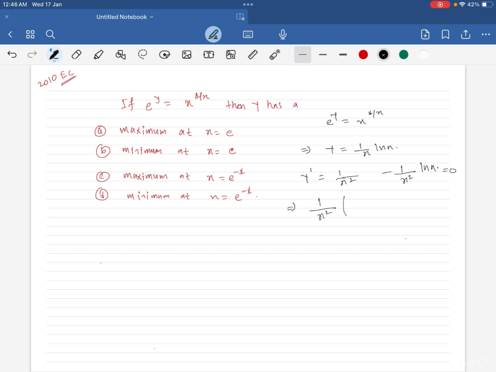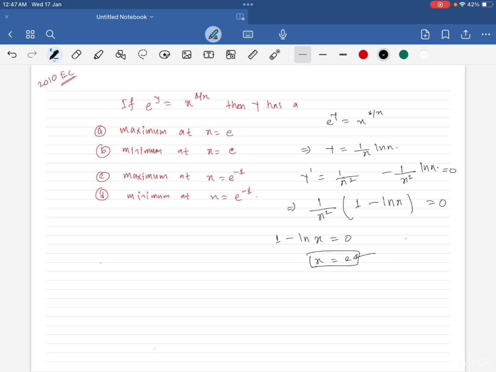So 1 by x square into 1 minus ln x is equal to 0. So from here what we can say is that 1 minus ln x is equal to 0. So x is equal to e, right?